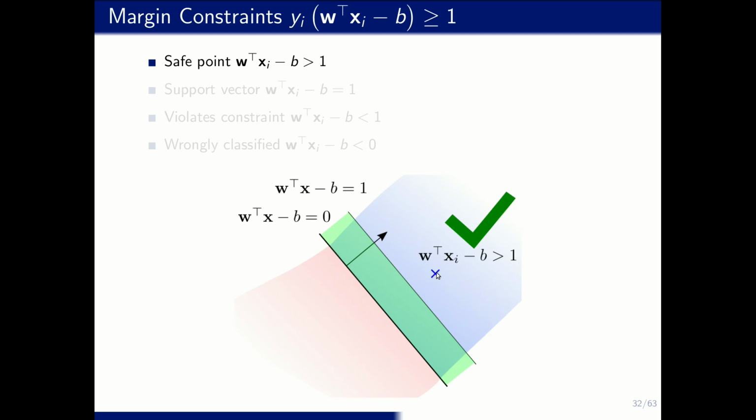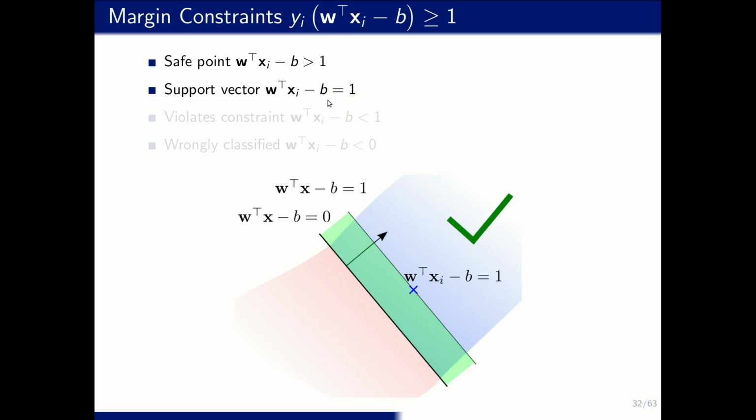We are very happy with this point, it's correctly classified and it fulfills our margin constraint, a good point. If the point now moves closer and maybe even onto our margin hyperplane, then the margin constraint will be fulfilled with equality.